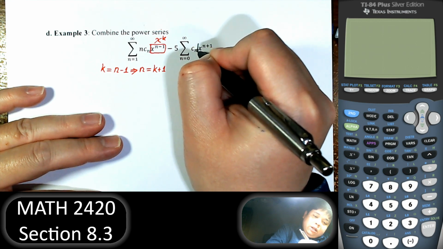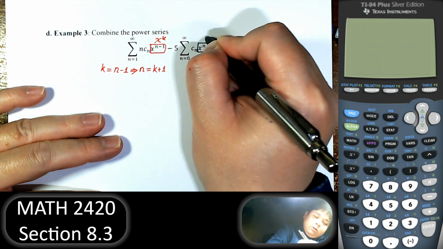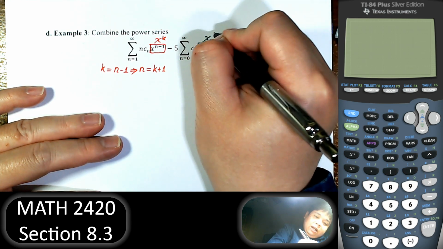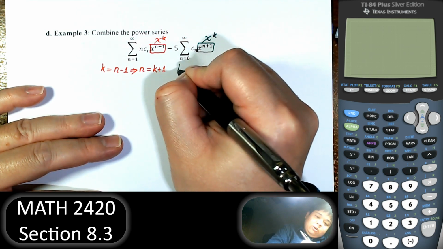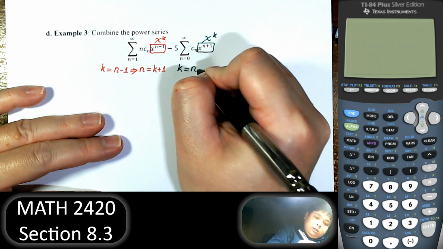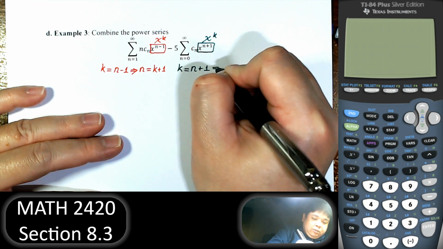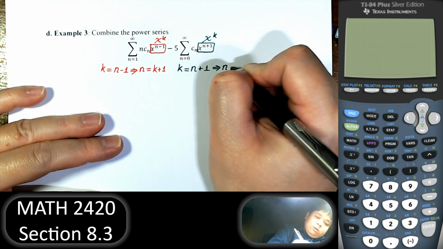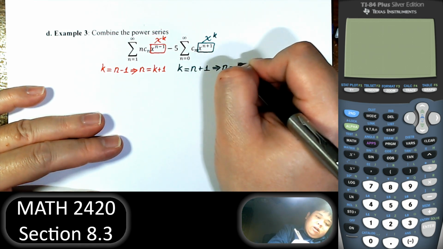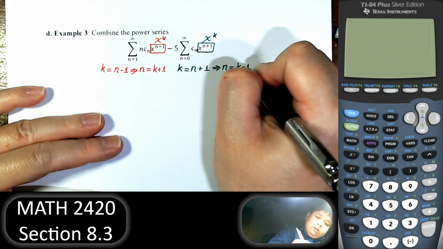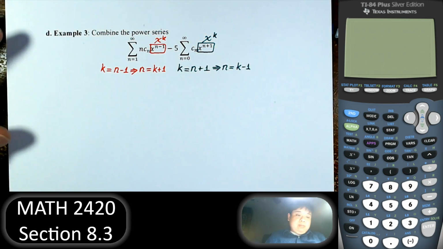Now, we turn this to x to the k as well. So k is equal to n plus 1. So n is equal to k minus 1. Right.